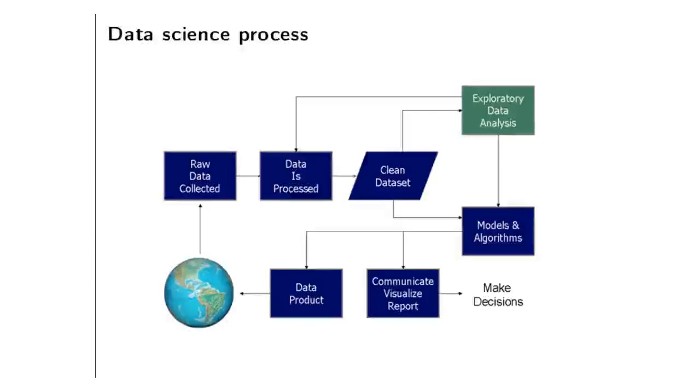The clean data set will be subjected to exploratory data analysis, after which it can be processed again, and the clean data set may be the basis for models and algorithms, and the same with what comes after exploratory data analysis. So from your models and algorithms, you have your data product, and you will communicate or visualize the report.